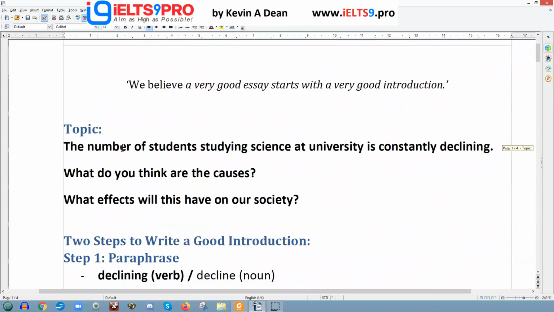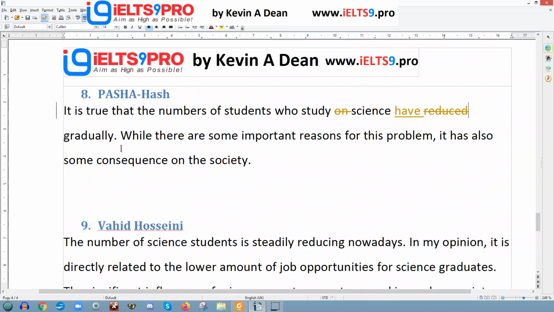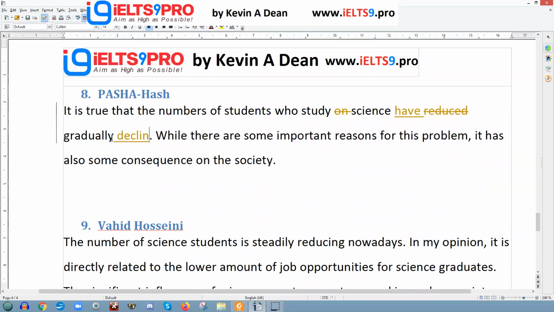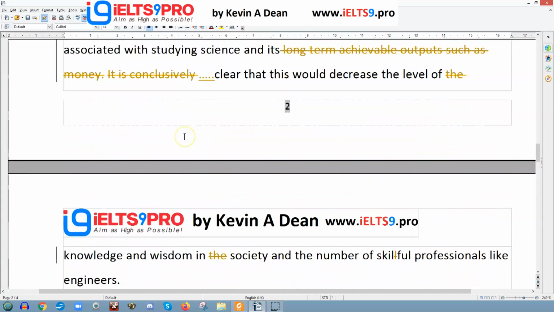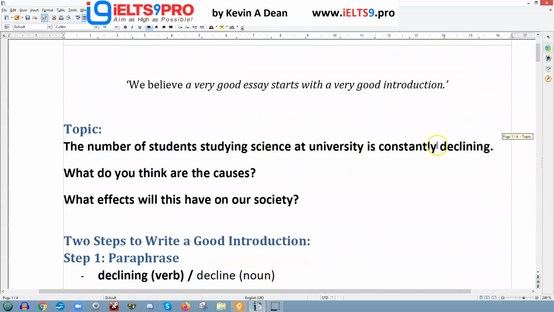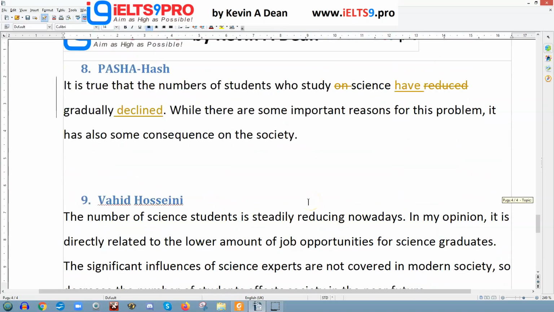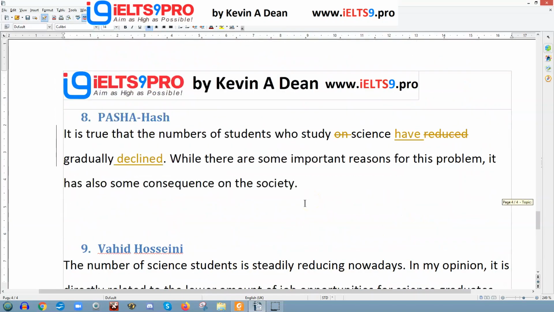Can I say it's declining? Yeah. Have gradually declined, because it says in the rubric constantly declining. So we can change it. Change the verb form. Have gradually declined.